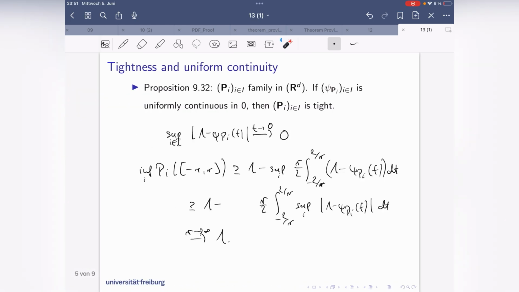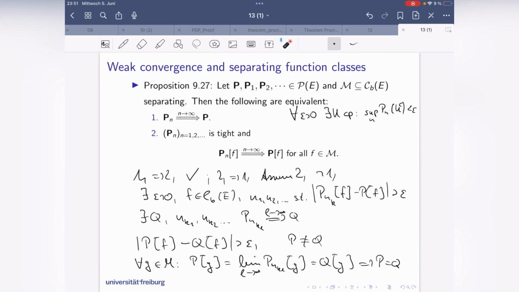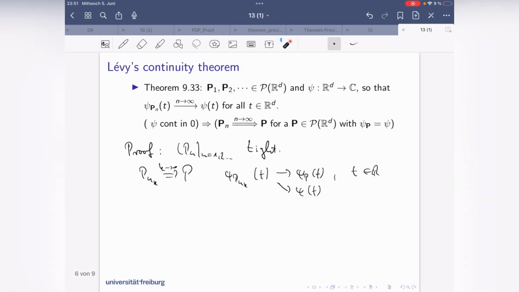And that means, by the other result that we had at the very start here, that's a wrong arrow. It must be a single arrow. This here is the convergence of characteristic functions. That means we have weak convergence as here. And that's Lévy's continuity theorem.